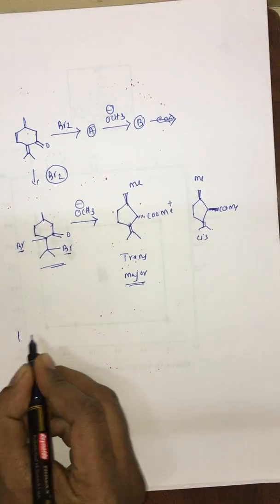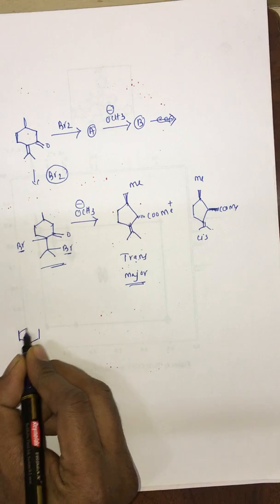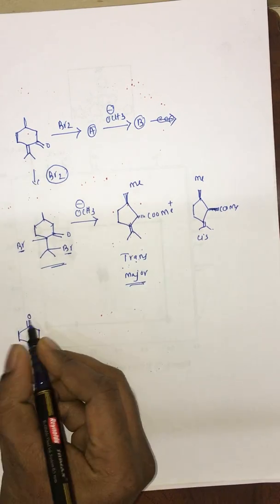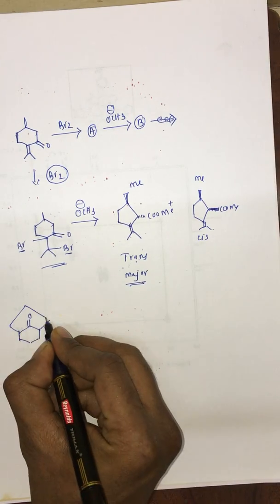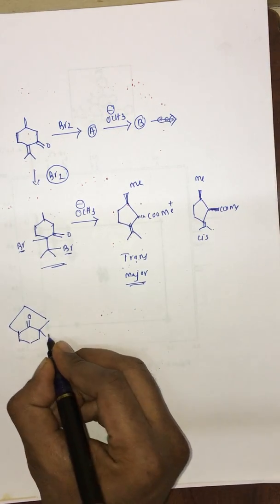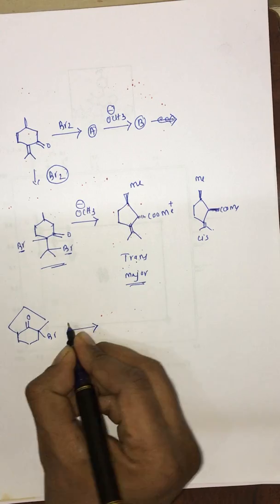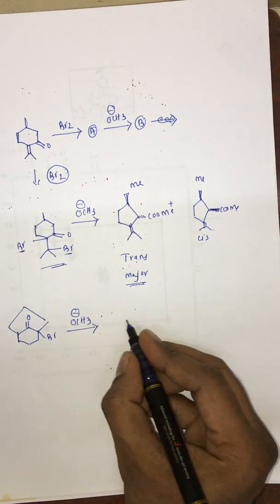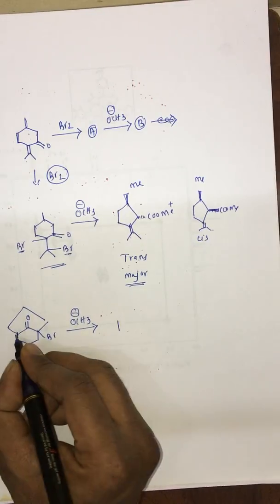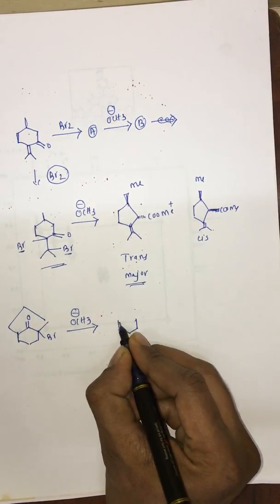And then here we have another example. Br, in the presence of OCH3 minus, this will abstract this proton.